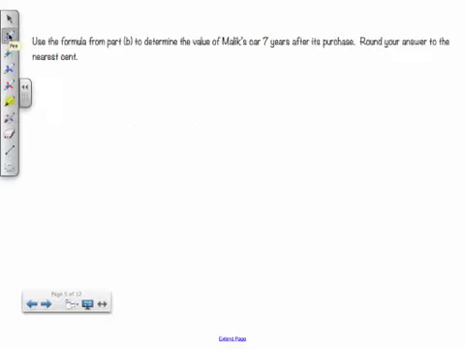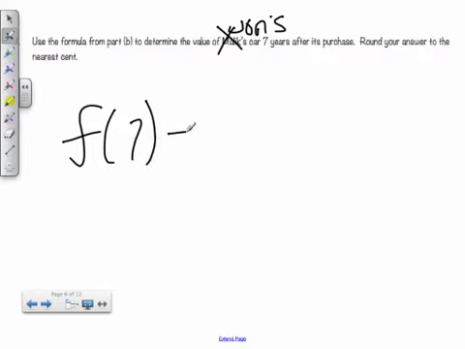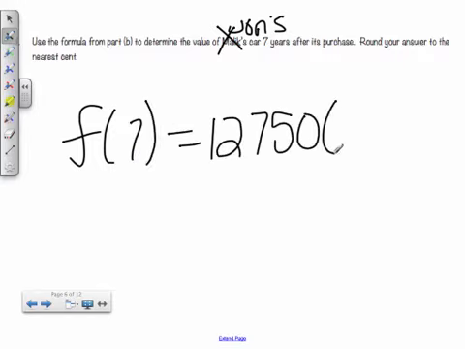Use the formula from part B to determine the value of John's car 7 years after its purchase. Round your answer to the nearest cent. Go ahead and try this yourself. Press pause and then come back and see how you did. All right, so f of 7 is equal to 12,750 multiplied by 0.85 raised to the 7th power.